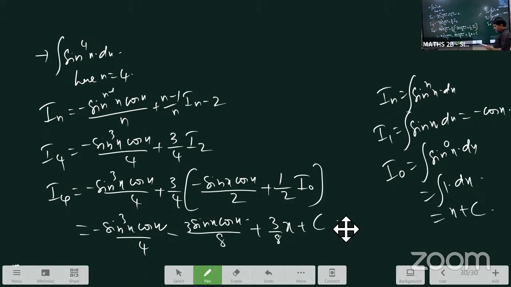This is how you are going to get your sin power 4 answer. That is reduction formula. It has been reduced. Is it clear? So when n is 4, minus sin cube x cos x by 4 minus 3 by 8 sin x cos x plus 3 by 8 x plus c. Is it clear?